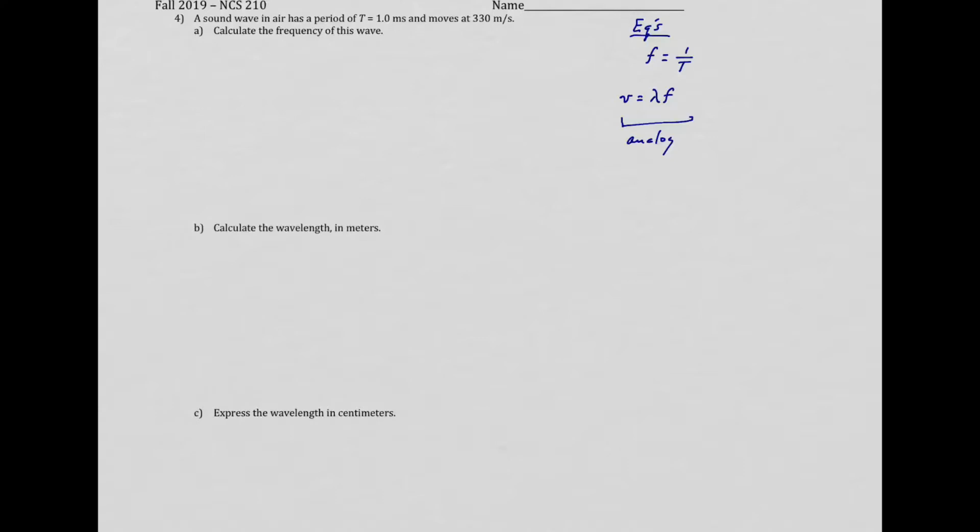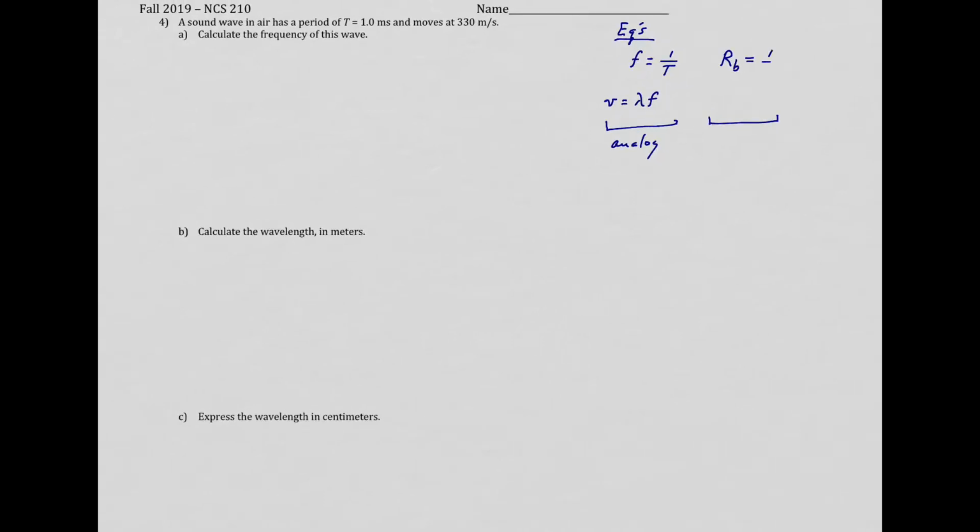For digital signals, we have corresponding equations. The bit rate, a frequency is a rate, is 1 over the bit period. And we also have that the number of bits being sent is equal to the time times the bit rate.